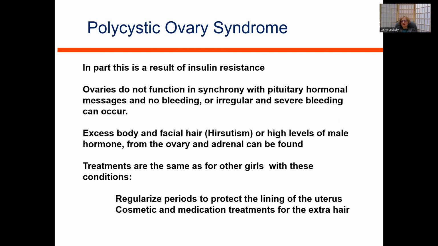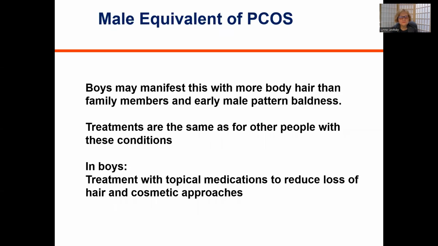Or you can take the other female hormone, progesterone, once every 3 months or so to just make sure you have one good uterine bleed if you haven't had a period in 3 months. And then for the extra hair, you can use various cosmetic and medication treatments, which we would use for anybody with polycystic ovary syndrome if they had this problem.